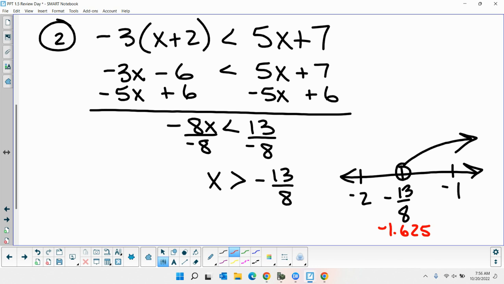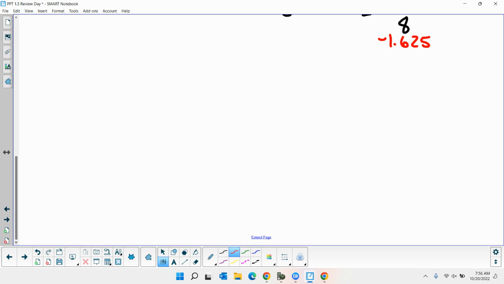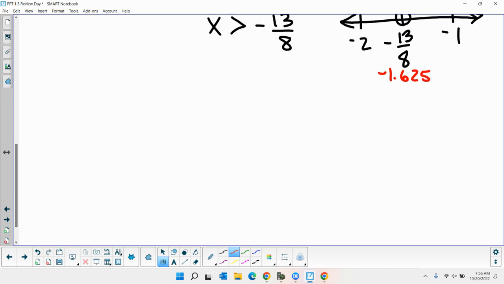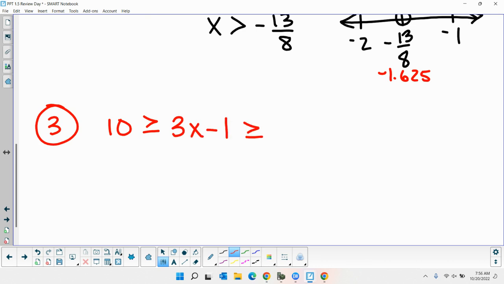Okay. Now we got the 2 compound inequalities, which is 2 of them. All right, and this one, now you could write it as 2 separate, or you can leave it like that.